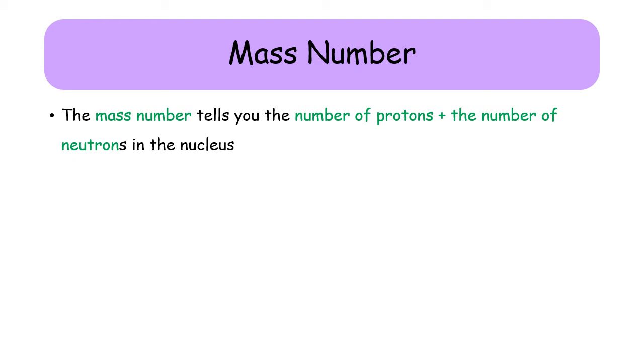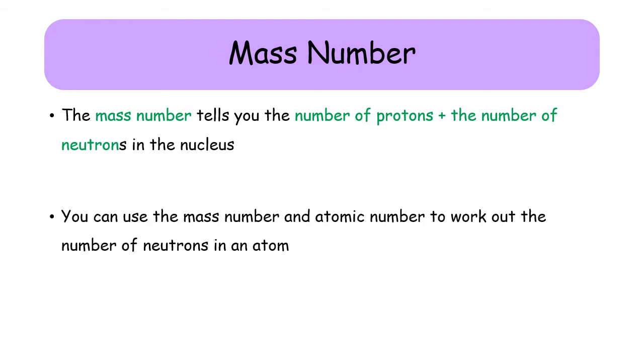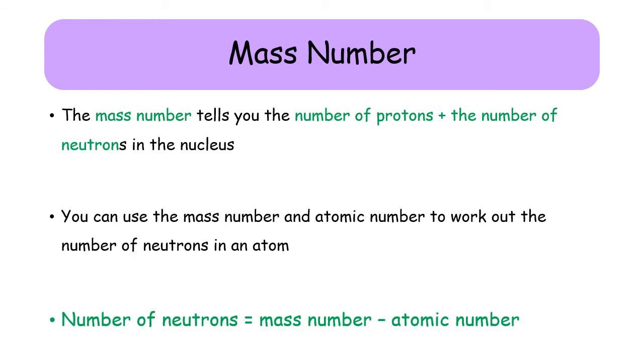That's why it's always bigger than the atomic number. So you can use the mass number and the atomic number to work out the number of neutrons. So the number of neutrons is your mass number, the big number, minus the atomic number, the small number.